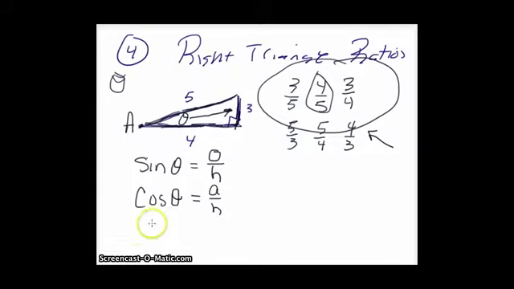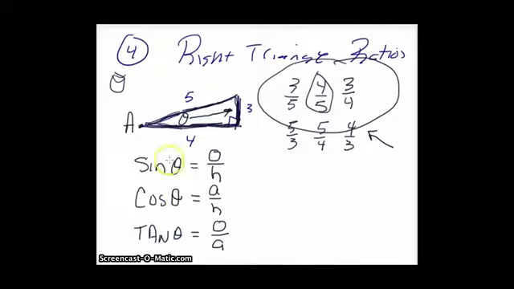And then the last one is called tangent. Tangent of theta is opposite over adjacent. That's where that 3 over 4 comes from. This is extremely, extremely important to get down.